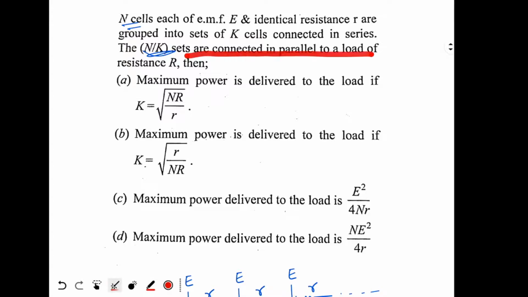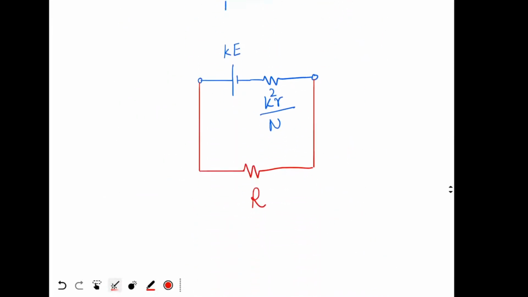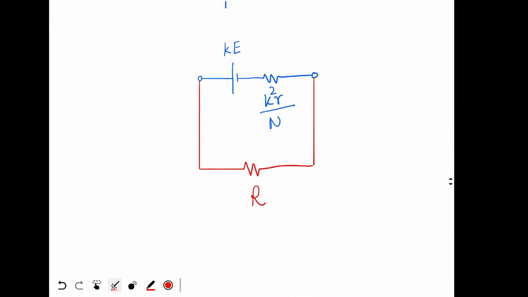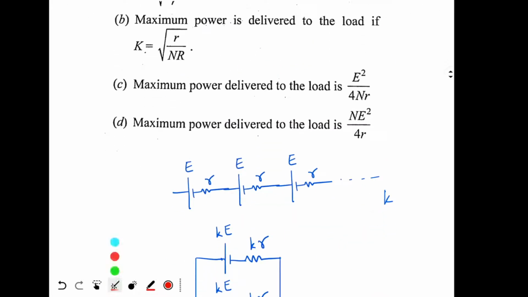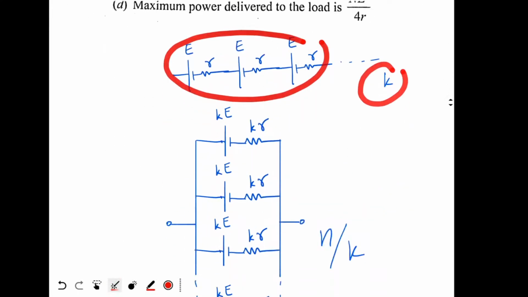To find maximum power we have to see what can change over here. N is constant, E is constant, R is constant, capital R is constant. The only variable is K, the number of cells in a single branch.